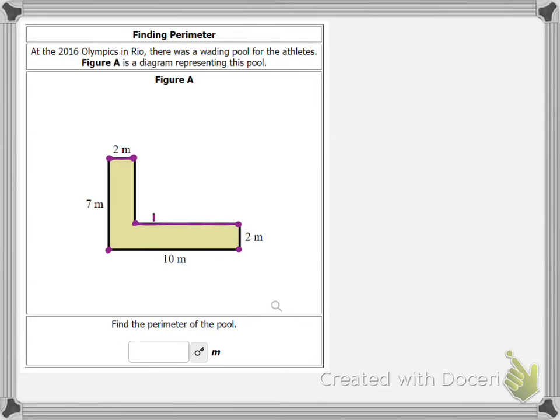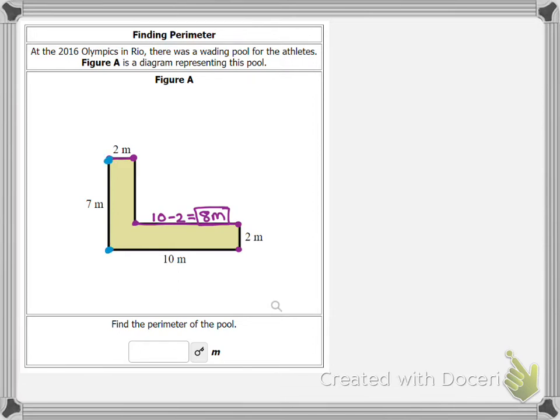And the reason I know that that's going to be 8 meters is because 10 minus 2 equals 8. So the small portion at the top that's 2 meters long combined with the missing portion would have to equal 10 meters. So the missing portion has to equal 8 meters.